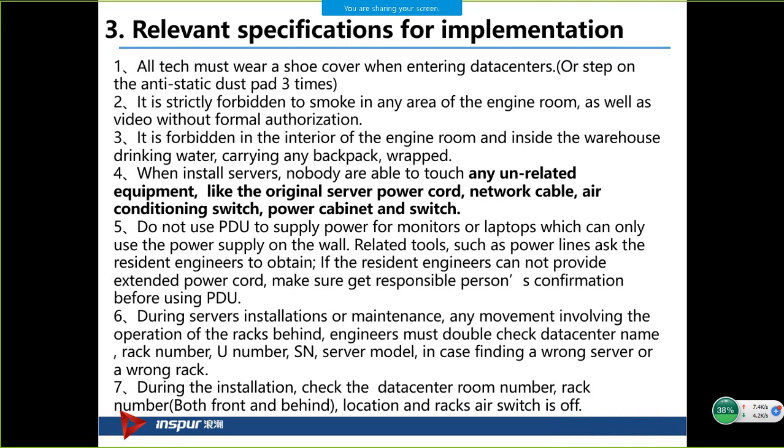In case of finding a wrong server or a wrong rack, or making a mistake during the installation, check the data center room number and rack number, front and behind, location, and the rack's air switch.